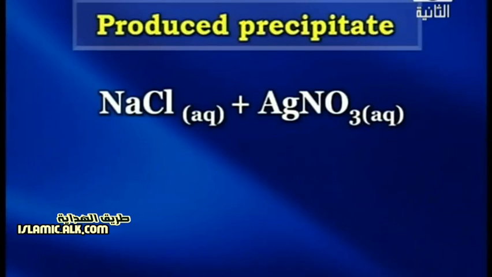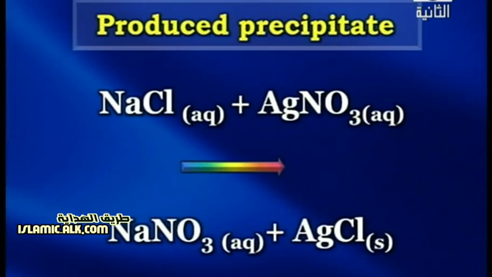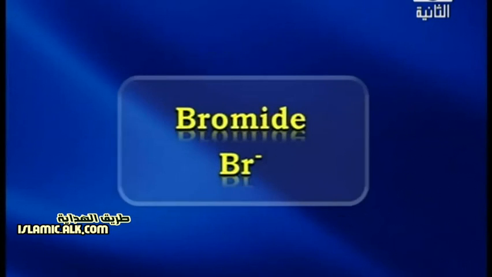Now the equation of the reaction: sodium chloride plus silver nitrate gives sodium nitrate and silver chloride, which is the white precipitate. Now we are going to discuss the bromide ion.